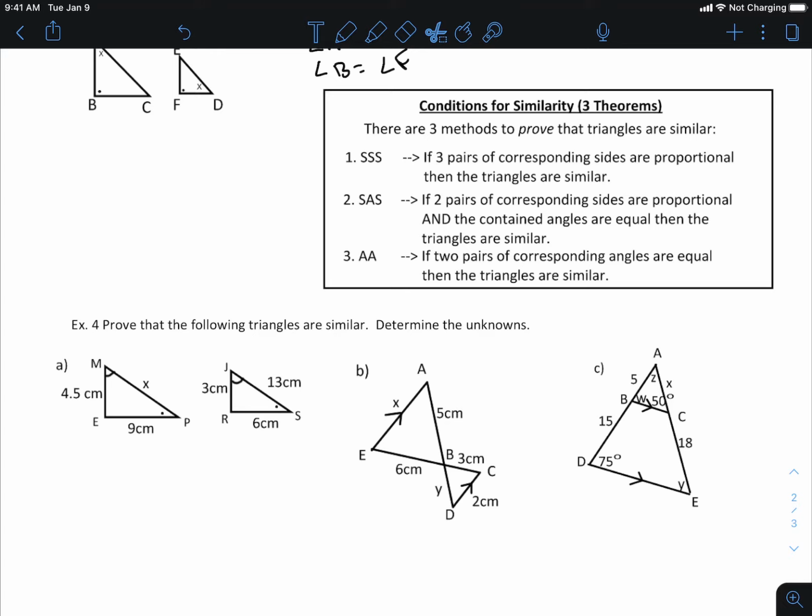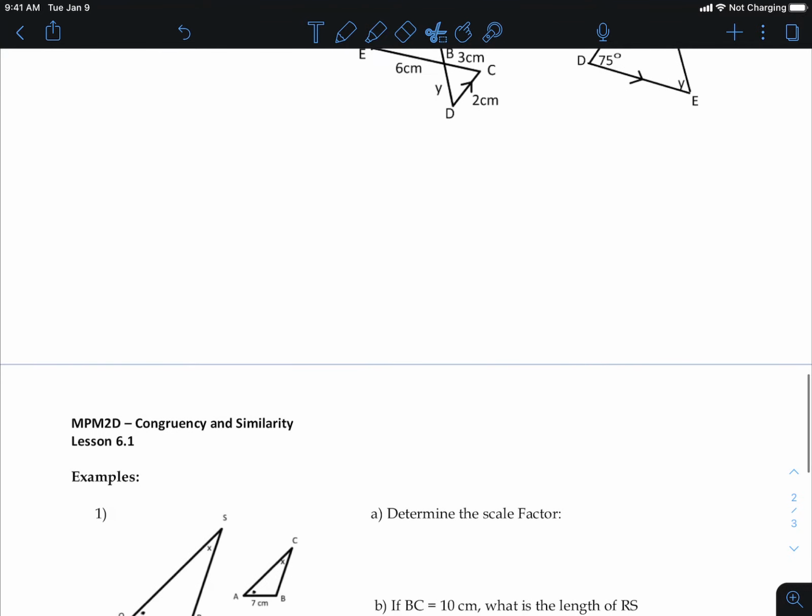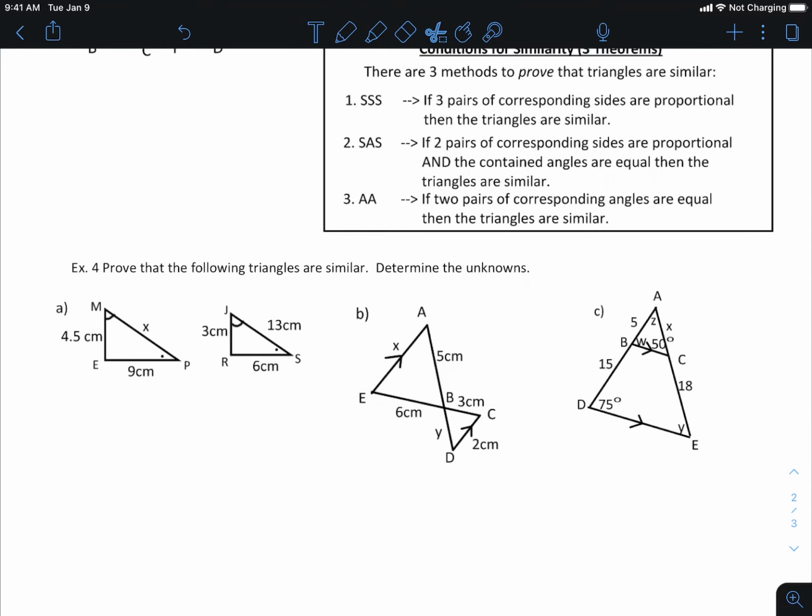Okay. So let's just do the first one, and we'll look at some of the conditions here. Prove that the following triangles are similar. Here's what I mean by a scale factor. I'm going to introduce the scale factor here. Let's just take a look at the side lengths that we think are similar.